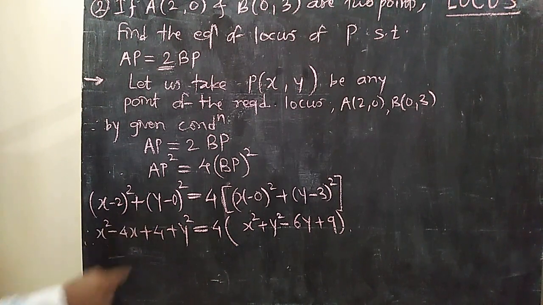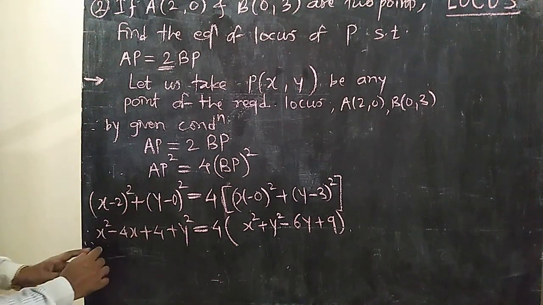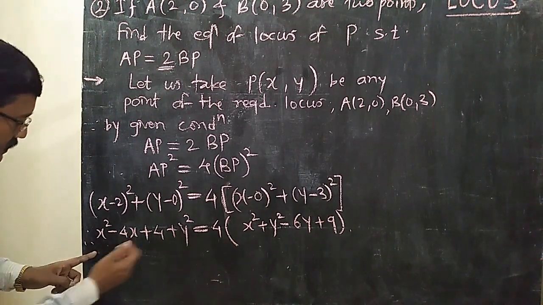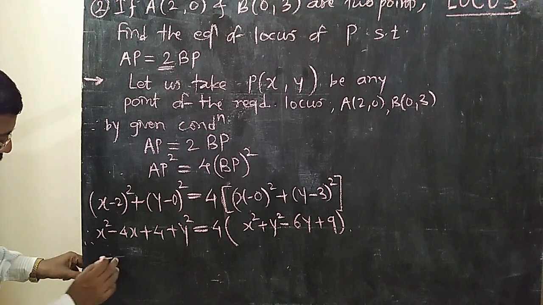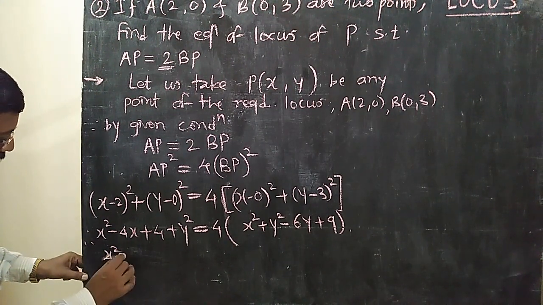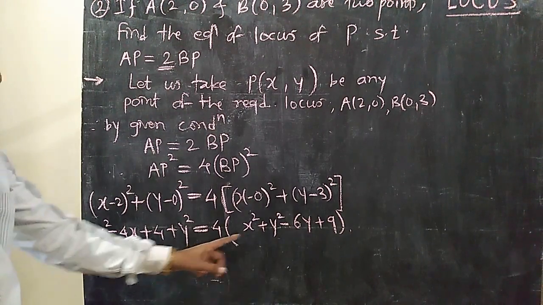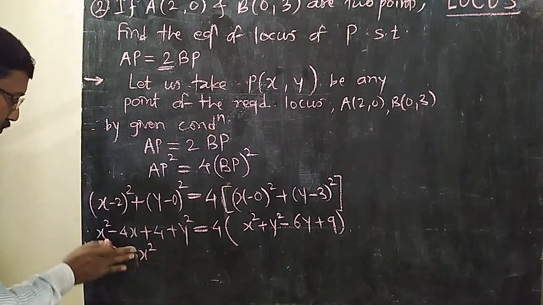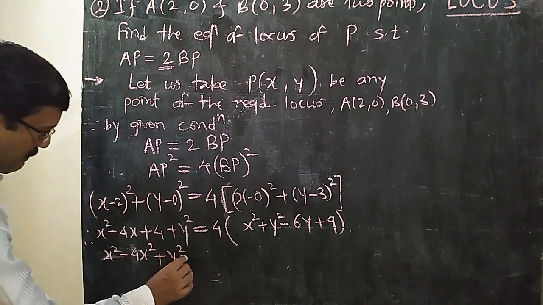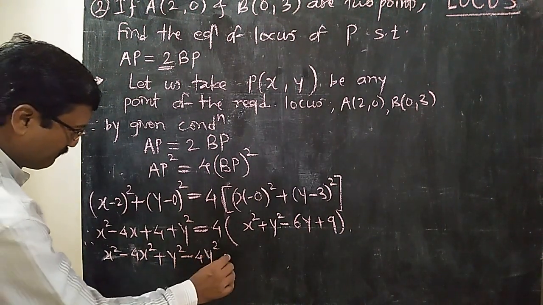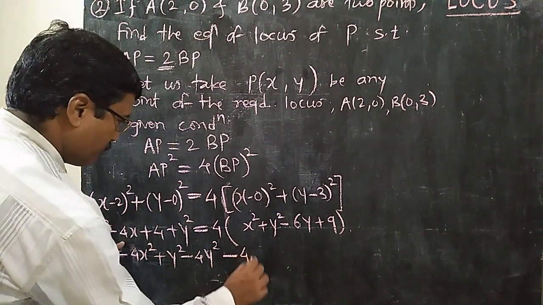So we can't cancel x square and y square as we did in the previous example. Taking 4x square to the left side, we get x square minus 4x square, that is minus 3x square, then y square minus 4y square.